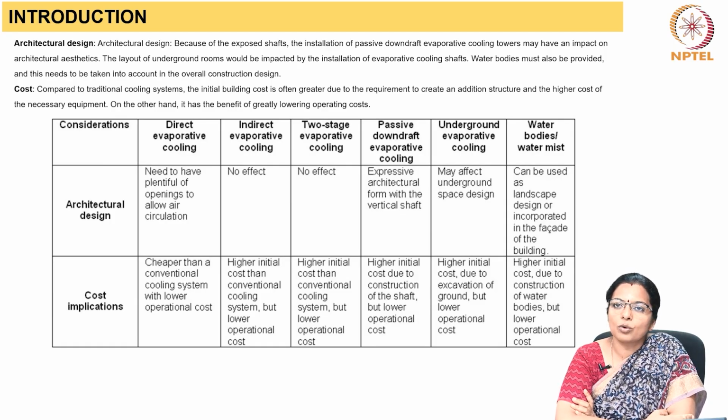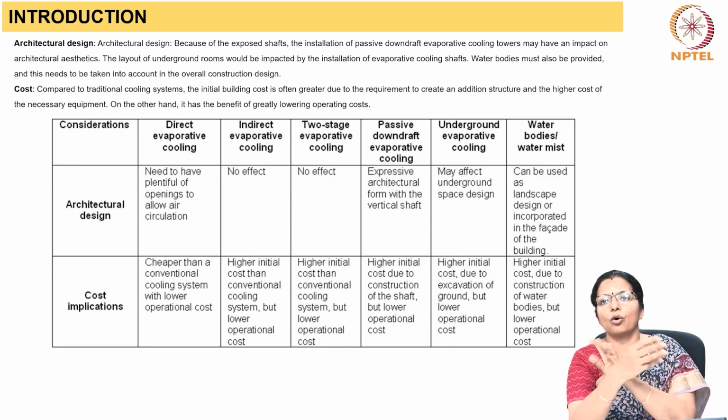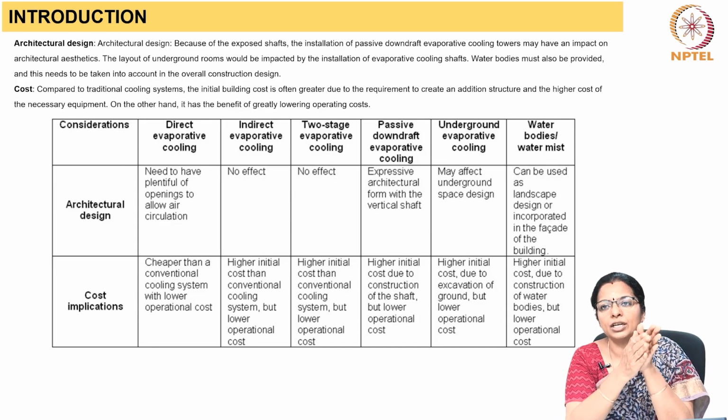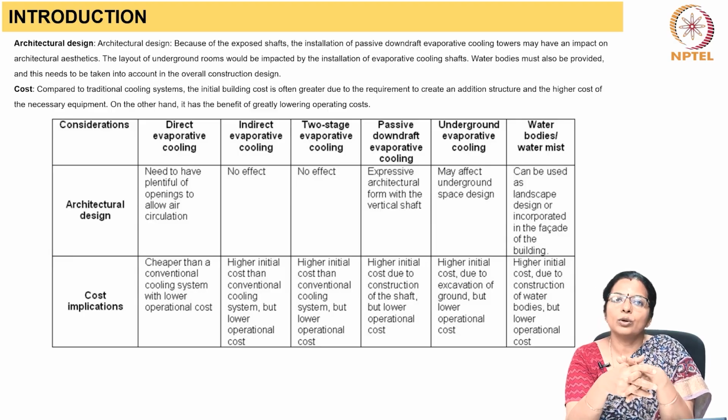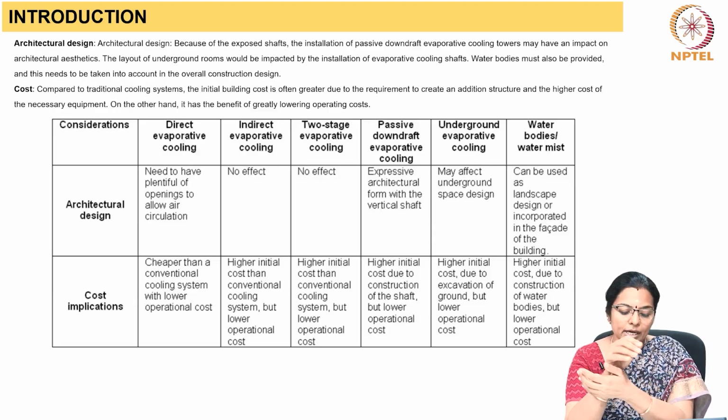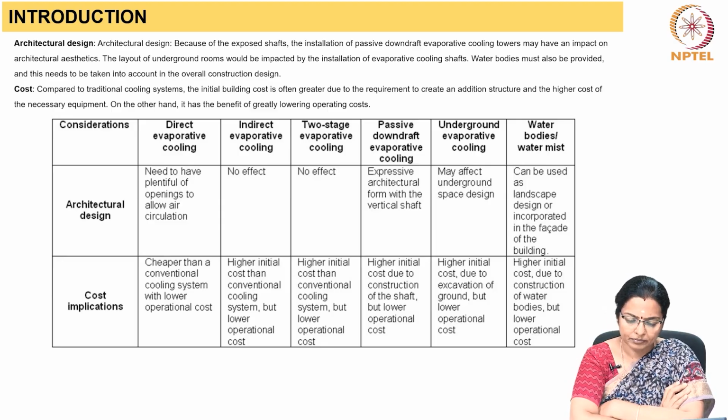Water bodies must also be provided, and these need to be taken into account in the overall construction design. As for the cost, compared to traditional cooling systems, the initial building cost is often greater due to the requirement of creating an additional tower structure and a system. But if we look at the benefits over the long term, this greatly lowers the operating costs.